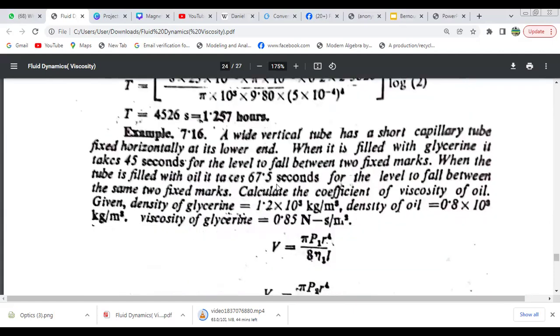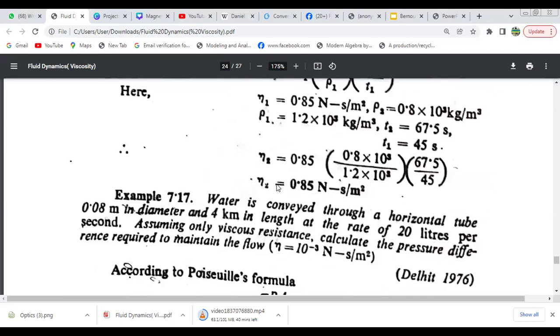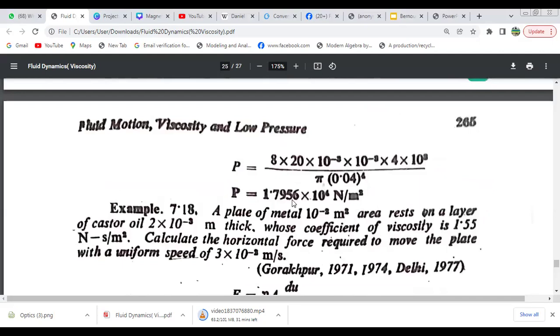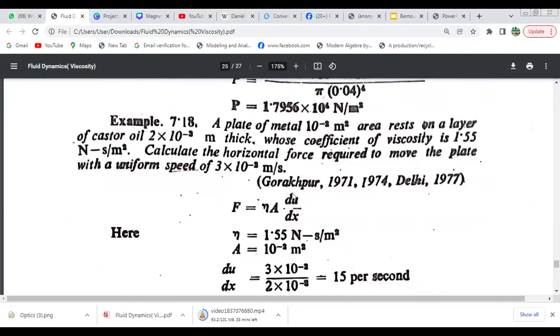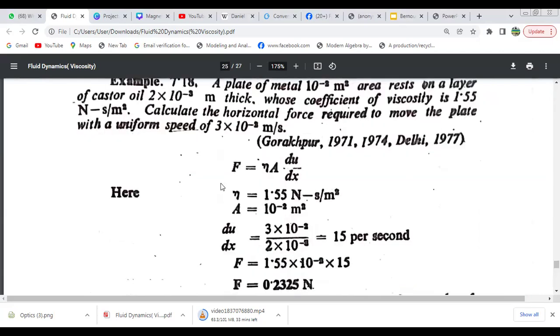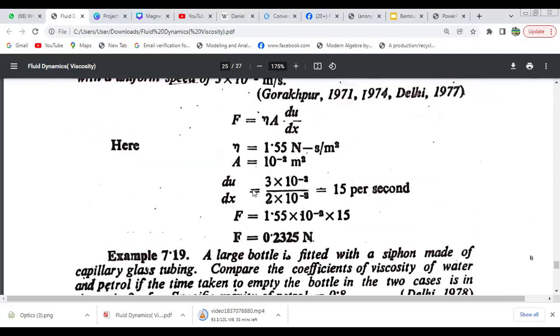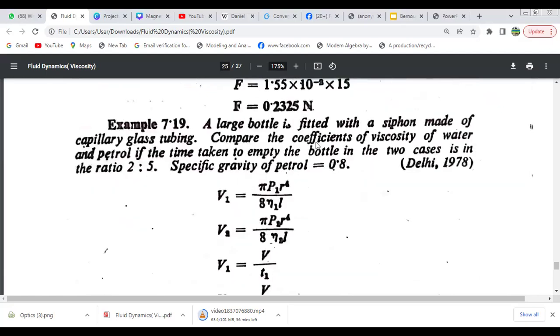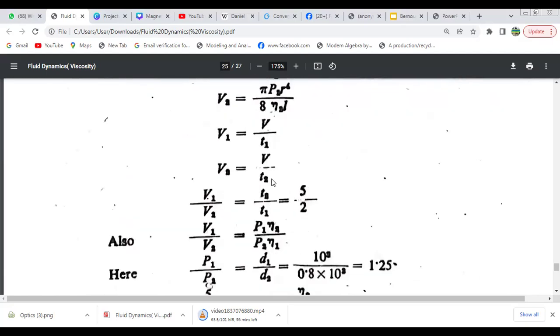This is another example. This is according to Poiseuille's formula. Just putting the values on the chart. This is also Newton's law of viscosity, and this is the coefficient of viscosity. A large bottle is filled, same equation, just putting all the values.